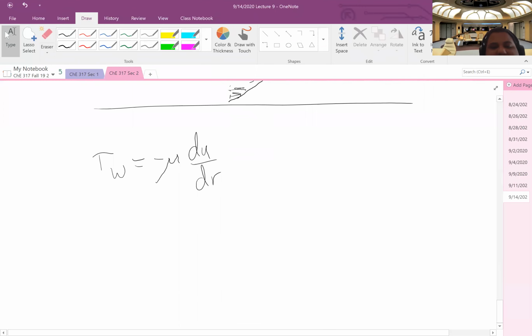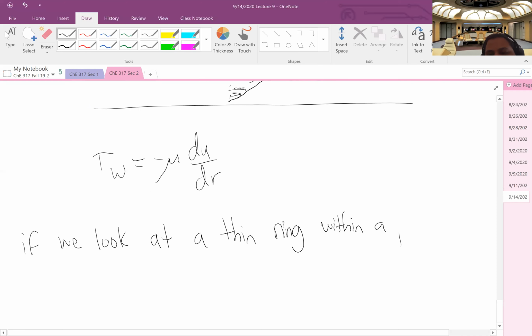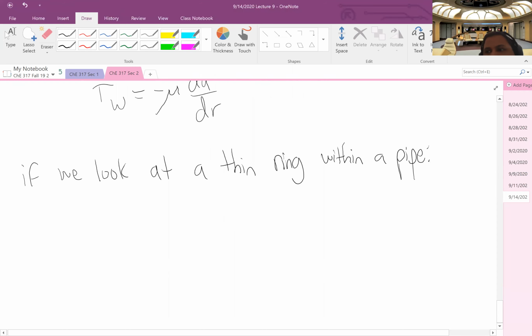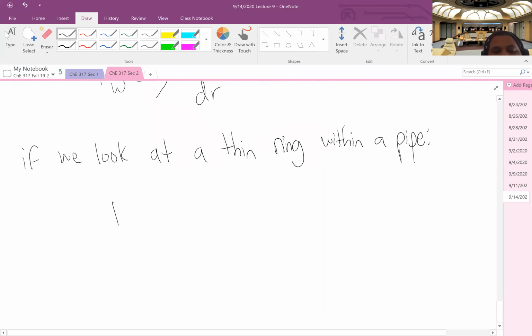And so what that means is, if we look at a thin ring within a pipe, I can say the surface area of that thin ring follows this form, 2 pi r dr, when we're looking at the circumference as a function of that radial distance.